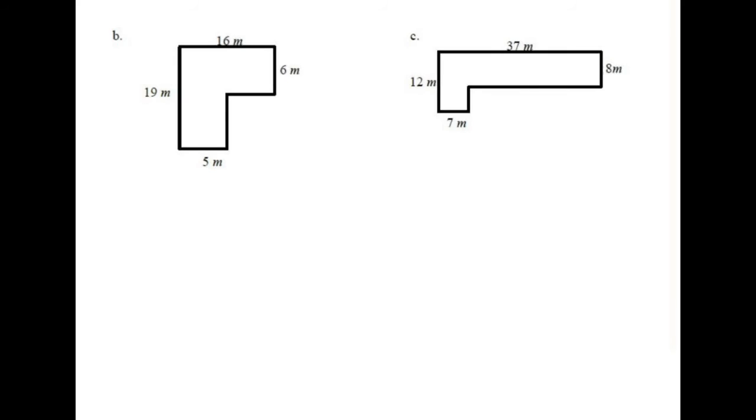Okay, looking at B and C, we have some sides that are missing, so we're probably going to have to do some work, aren't we? Okay, let's start with B. Is there an easier way to cut it? If we cut it this way, we don't know the dimensions here, but we have these.